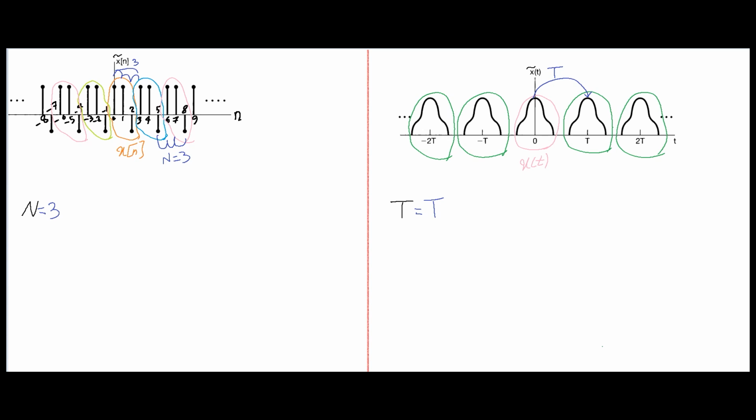Now let's express periodic signals mathematically. If we consider the template in discrete time as x[n], then the next repetition is x[n - N]. The next one is x[n - 2N].